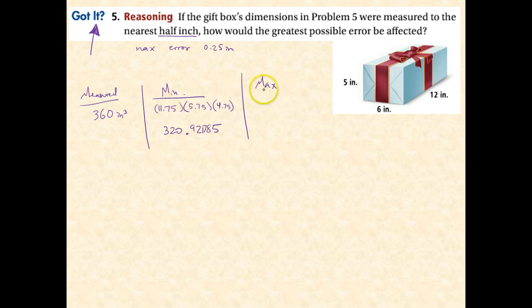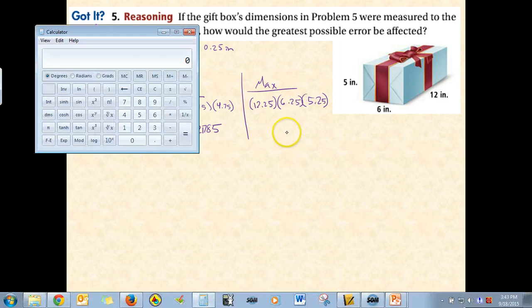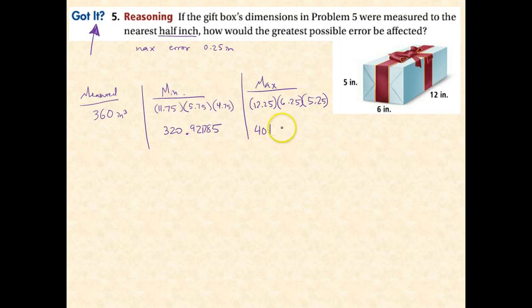Now, for my maximum volume, I'm going to add 1/4 of an inch to each measurement. 12.25 times 6.25 times 5.25 equals 401.953125.